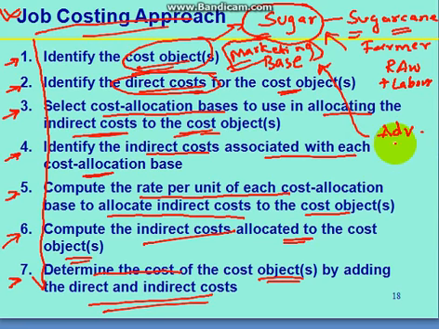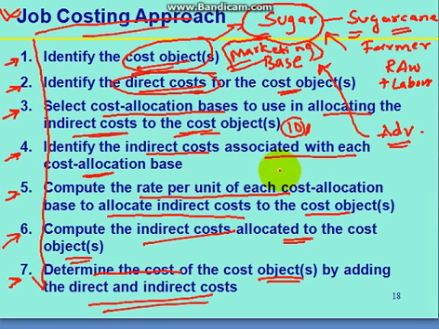Company doesn't do advertising only of sugar. Say the company might have 10 different products, but now you are dealing only with the one cost object. So you will have to allocate your indirect cost specifically for the sugar by finding out how much advertising cost the sugar took. So that is nothing but the cost allocation base of indirect cost.